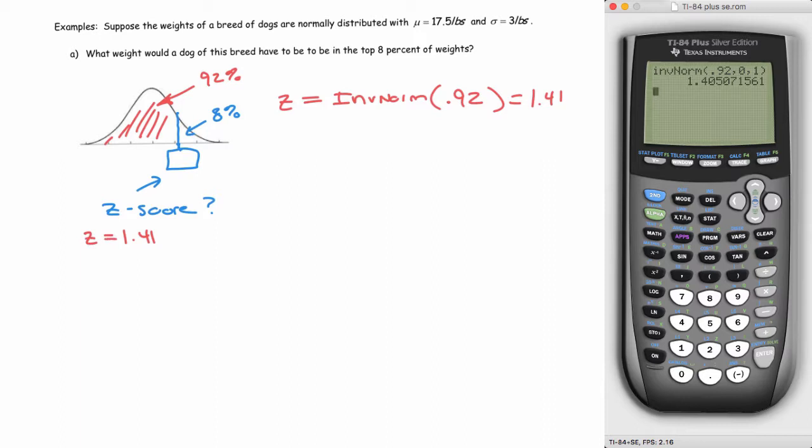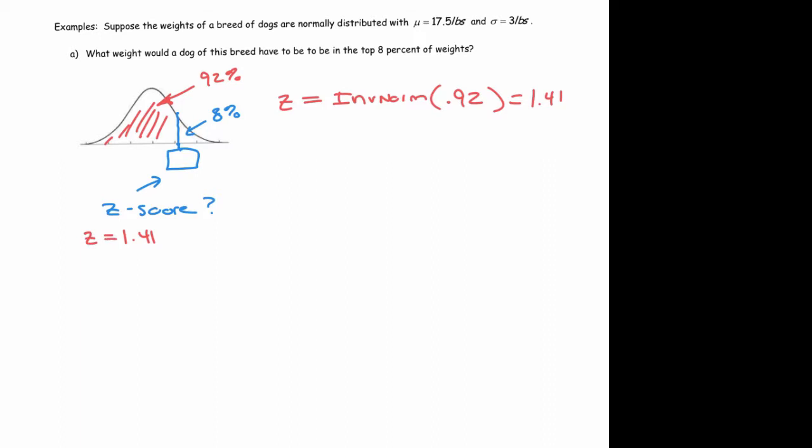Now the problem is that that's just a z-score, right? That doesn't tell me the actual weight the dog has to be. So we've got to convert the z-score into the actual weight of the dog. To do that, we use our formula for finding z-score. The z-score is our data value minus the mean, let me use the population mean symbol mu, divided by the standard deviation.